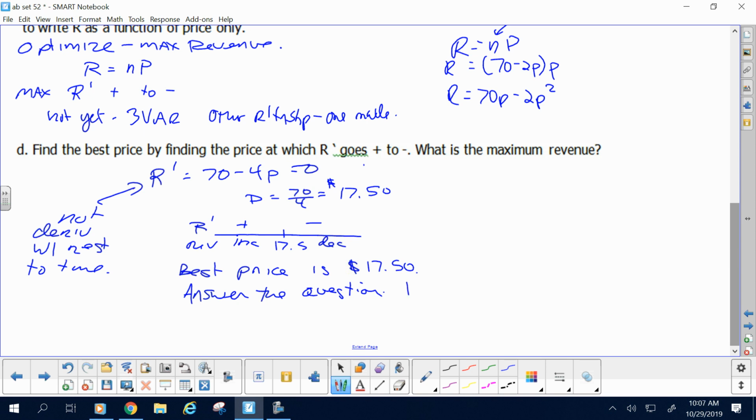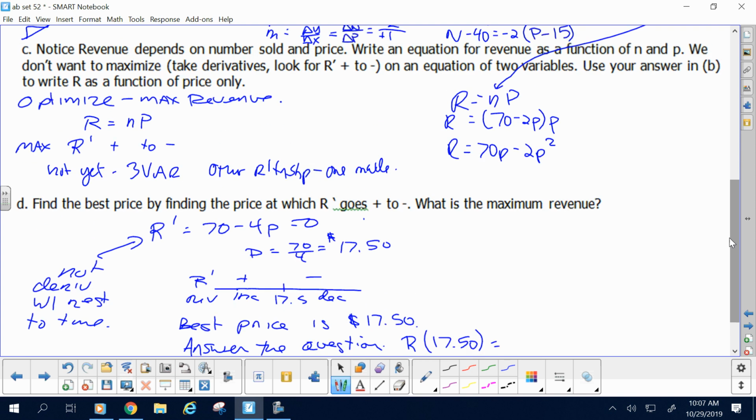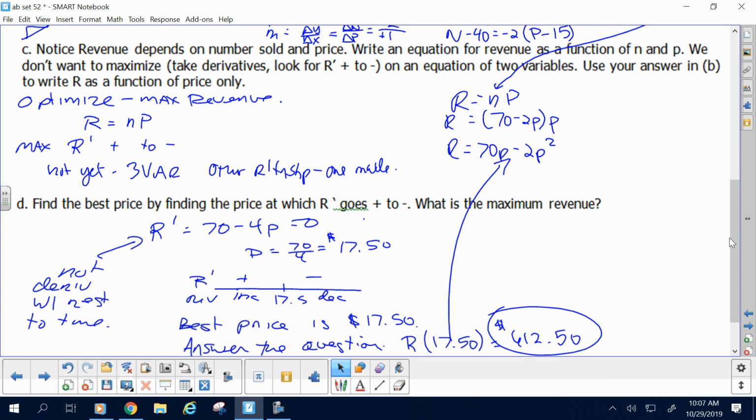So the maximum revenue, when I set the price at $17.50, is 612. Where should I put that? I get $612.50. That's the answer to the question. Make sure you answer the question. The question is often a couple different things. Answer what they ask. You with me?